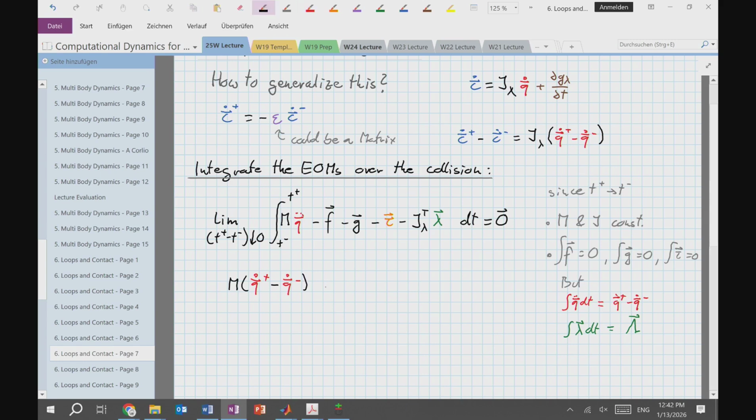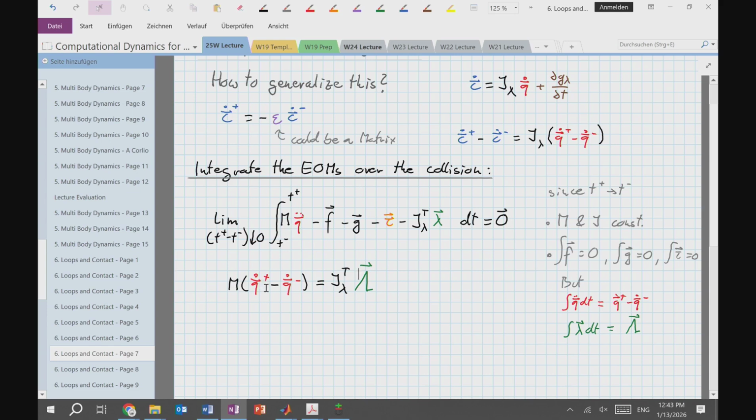The integral over f is 0, g is 0, tau is 0, minus, and I will put this on the other side of the equation, j lambda transpose, which is constant, and then the integral over lambda is going to be my impulse capital lambda. And I now have my equations of motion in the integrated form.